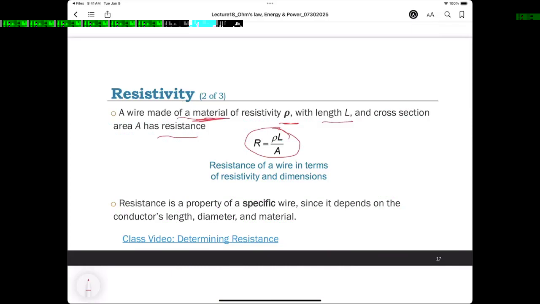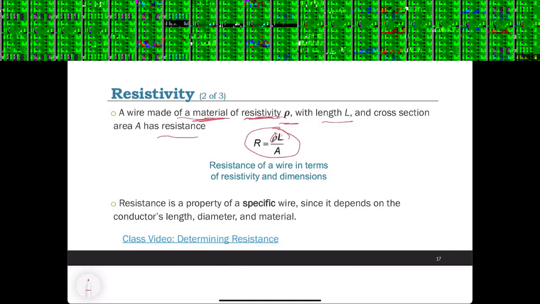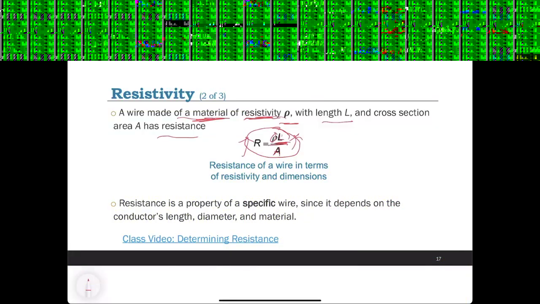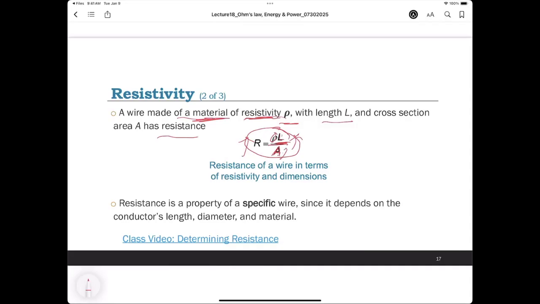It depends on the resistivity, and different materials have different resistivity, and on the length and the area. The longer the material, the bigger the resistance will be. And if it is thick, the area will be bigger, and the resistance will decrease.